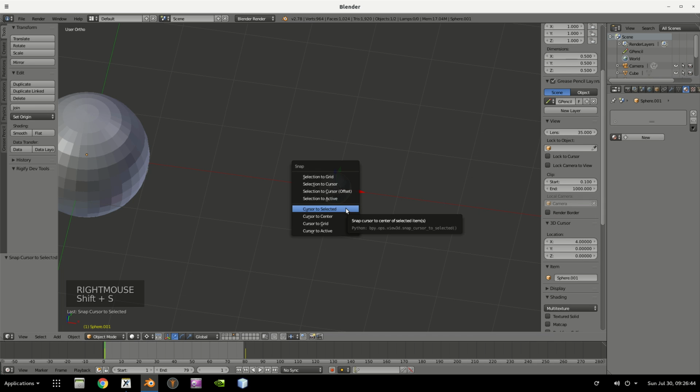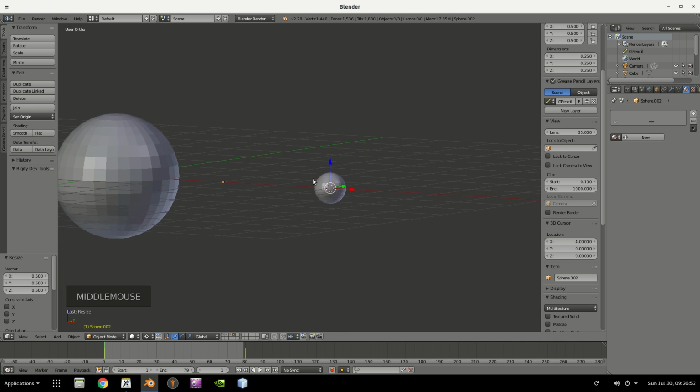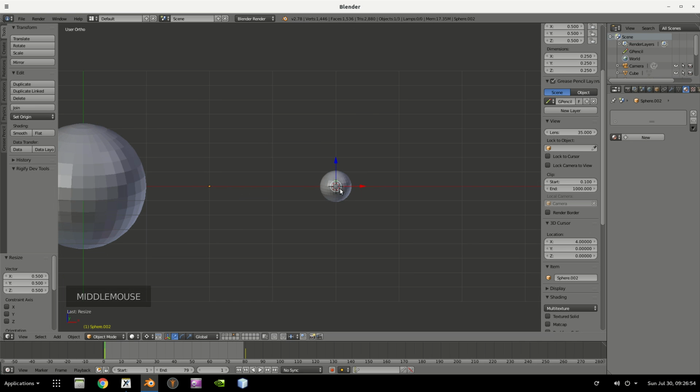So Shift D, I want to make a duplicate copy, is 0.5, which is going to be smaller than that. And then I can move it over to the x-axis, grab x, say 1 unit over here. So this is the setup, right? Looking from the front view, we got this thing animated.